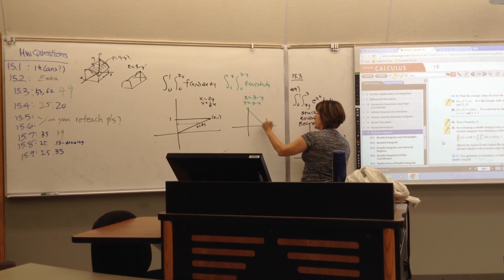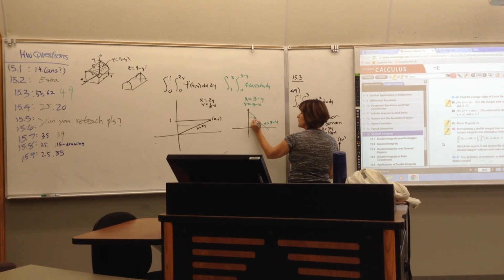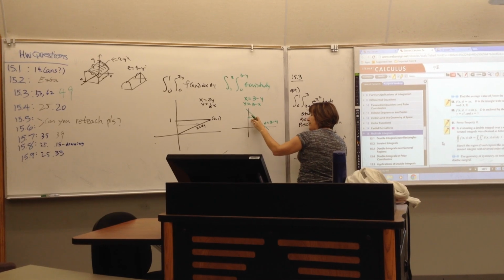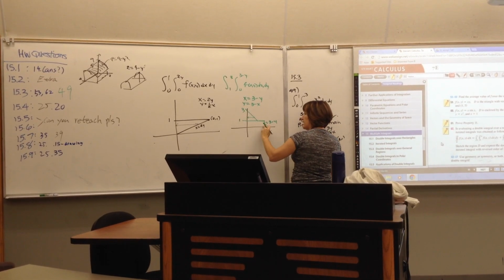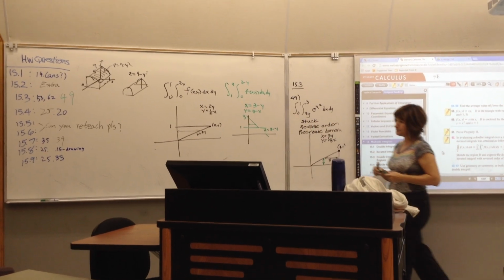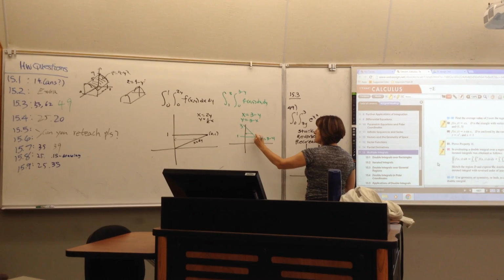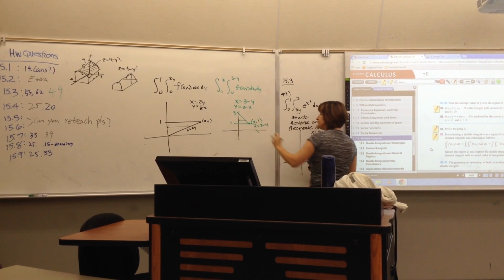So this is x equals 3 minus y. But y goes from 1 to 3, so it's not this whole thing. It starts here at y equals 1 to 3. So it's that piece up there. And this would be the point where y is 1, x is 2.